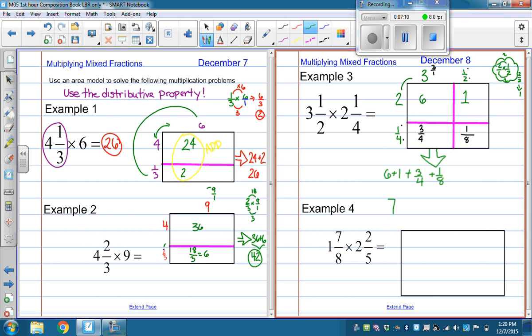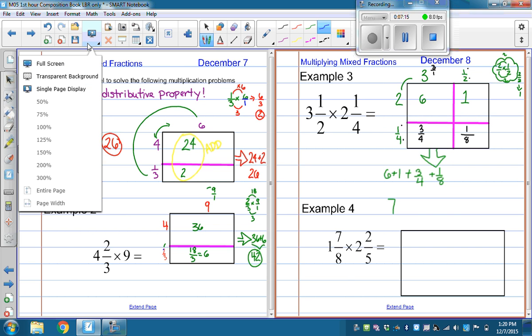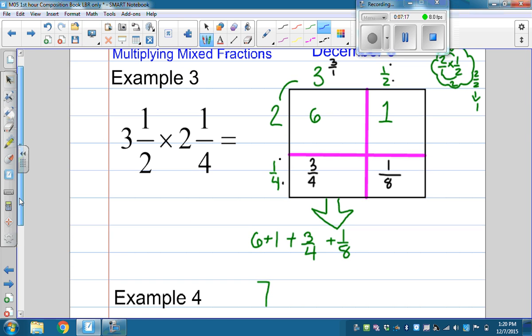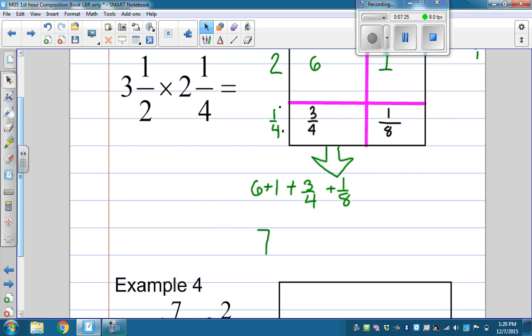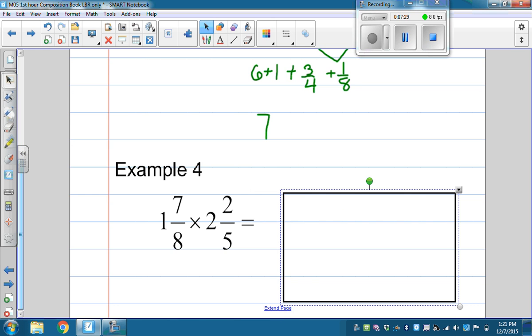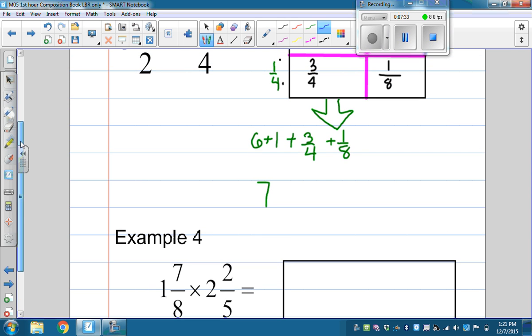And I'm going to change that 3/4. Go back to a single page here so it's a little bit bigger. Let's move this down a little bit. So this makes 7.